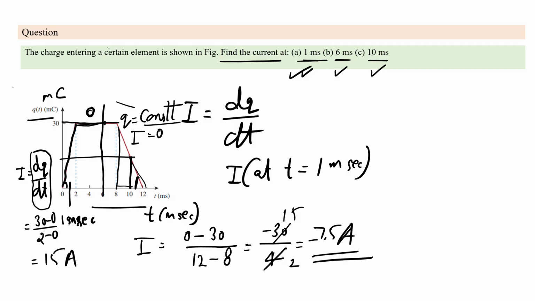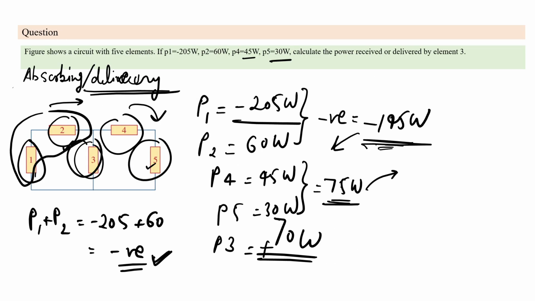The slope is 0 minus 30 divided by 12 minus 8, that is minus 30 divided by 4, which comes out to minus 7.5 amps. So the current at 1 millisecond is 15 amps, at 6 millisecond it is 0, and at 10 millisecond it is minus 7.5 amps.